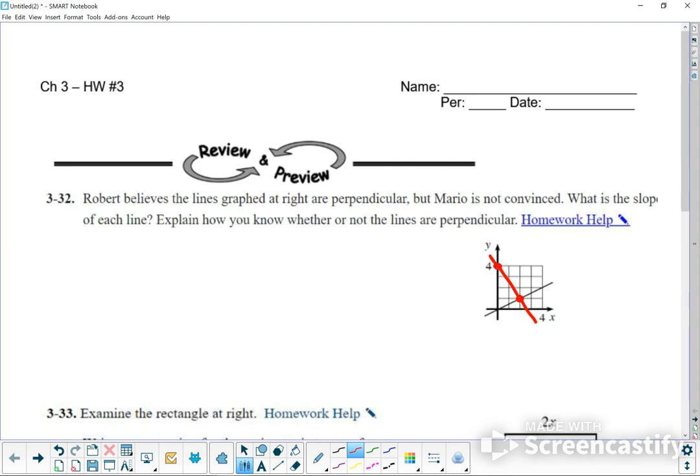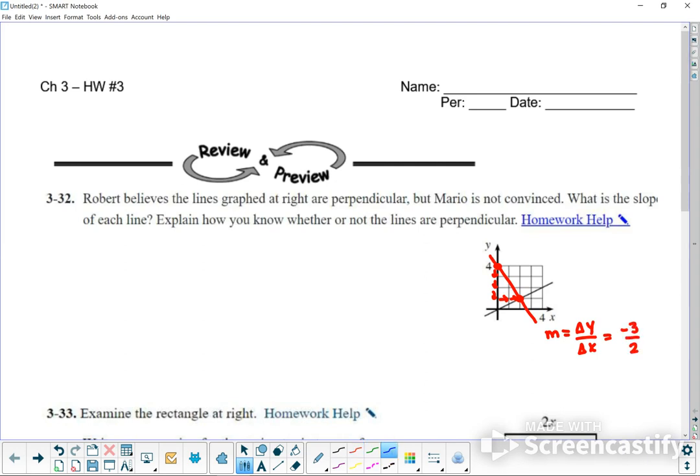So the change in y is going to be, I'm going to go down 1, down 2, down 3, and over 2. Right? So for that line, the slope is the change in y over the change in x, which is down 3 over 2.